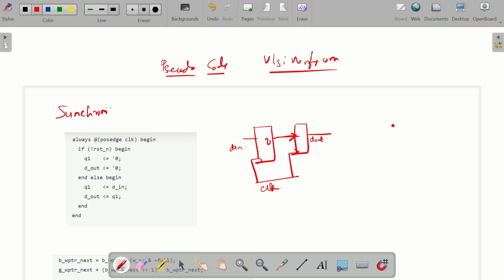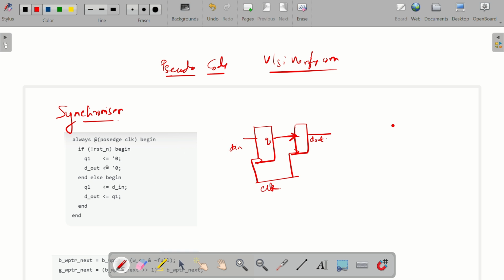We have seen why we need the synchronizers, because in order to determine the empty and the full flags, we need both the write pointers and read pointers. Since we need to obtain the cross domain signals, in order to avoid any metastability issues, those signals are synchronized via two flip-flops. This is the code where two flip-flops are connected back to back.